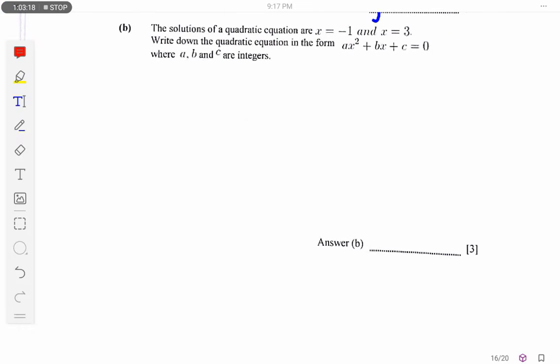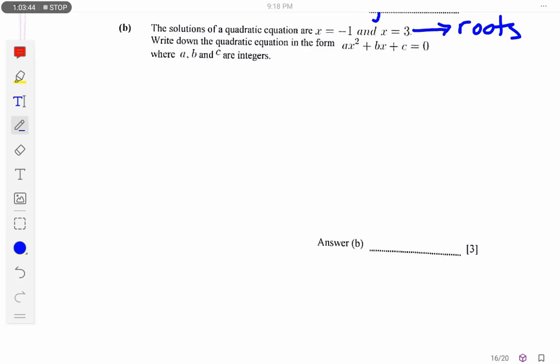We are given this question that the solutions of a quadratic equation are x equals minus 1 and x equals 3. Okay, so basically these are roots of a quadratic equation.